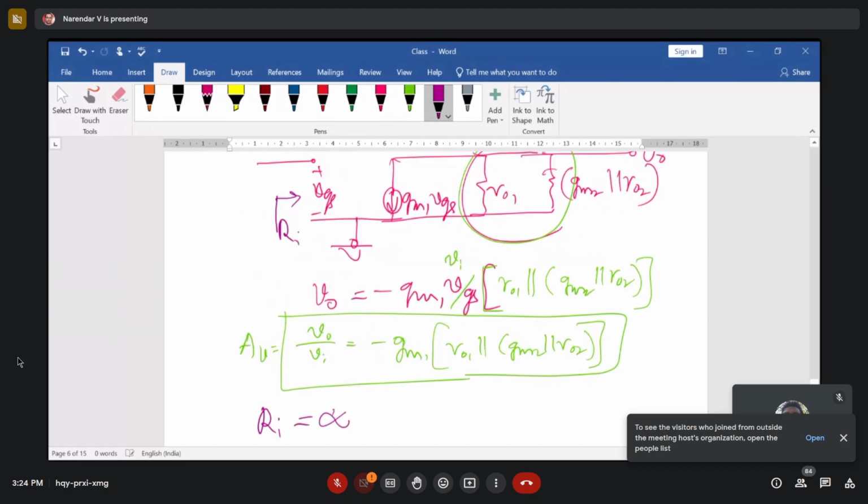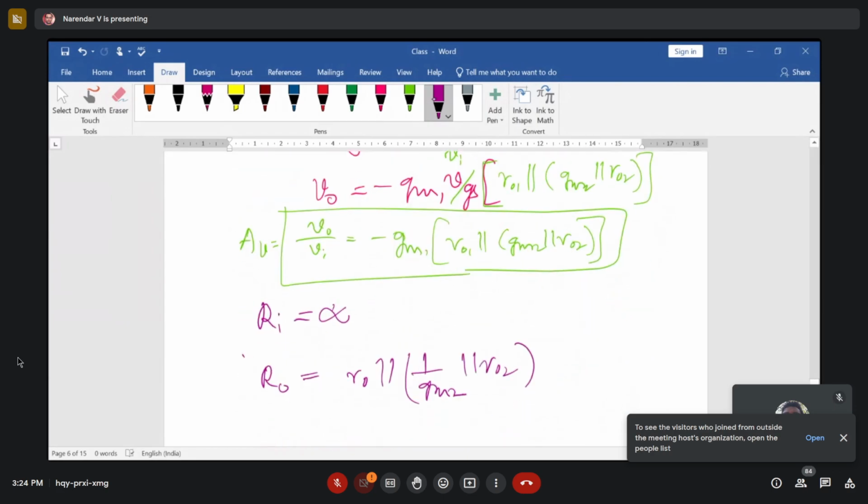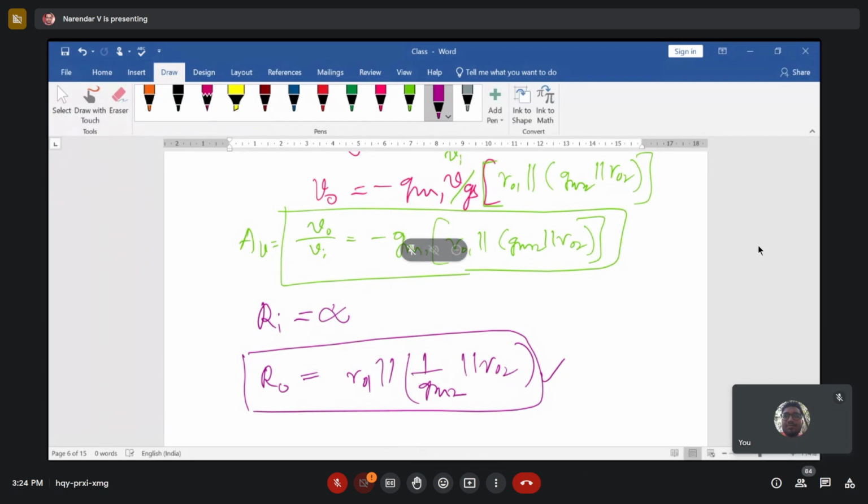Because when you take this circuitry, the V input is equal to 0 here, so nothing is available here, only this component is available to you. That's why we are writing here that R0, the resistance available at the output side, is R01 parallel with 1 over GM2 parallel with R02. This is the output resistance of your circuitry.